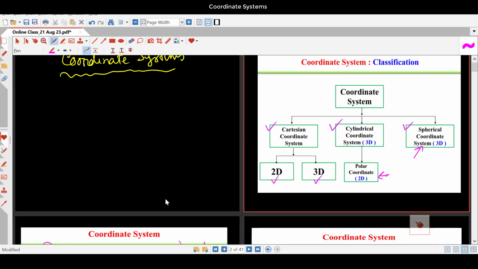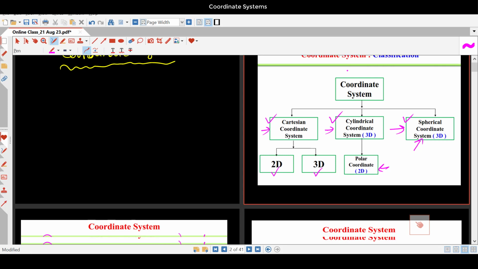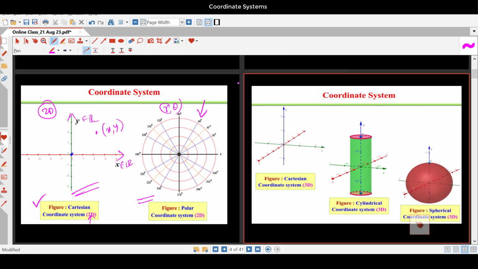So now let's look at the coordinate systems that are three-dimensional: the Cartesian, cylindrical and spherical coordinate systems. You can see the Cartesian coordinate system comprises the x-axis, y-axis and z-axis. The cylindrical coordinate system is this one.